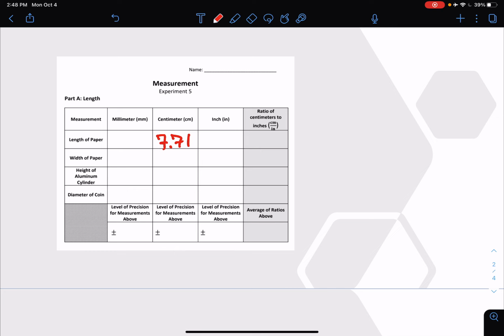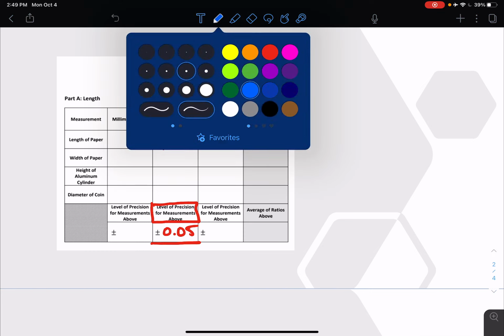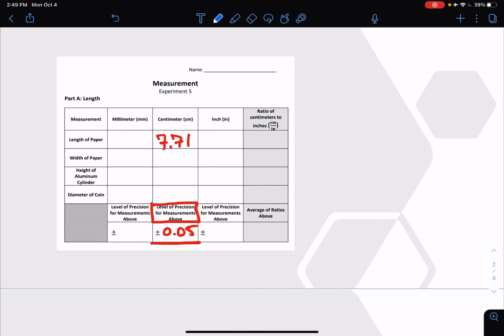It's where we have wiggle room. And the plus or minus on the bottom, where we have the level of precision or uncertainty in our measurement, we would probably put 0.05. And again, make sure that the level of precision, the final digit, goes to the same column that your measurement went to.